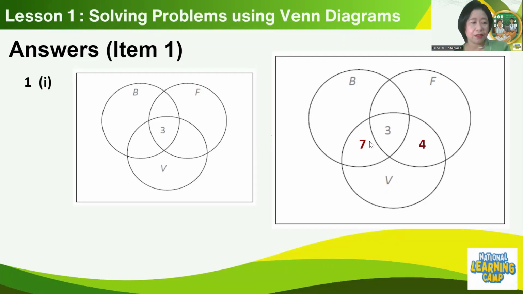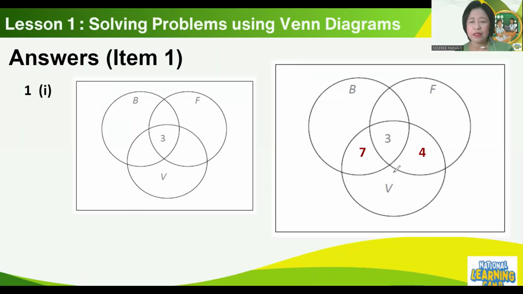Let us answer the 2I question. How many students play volleyball only? To find how many students play volleyball only, we are going to add 7 plus 3 plus 4. So we have 14.